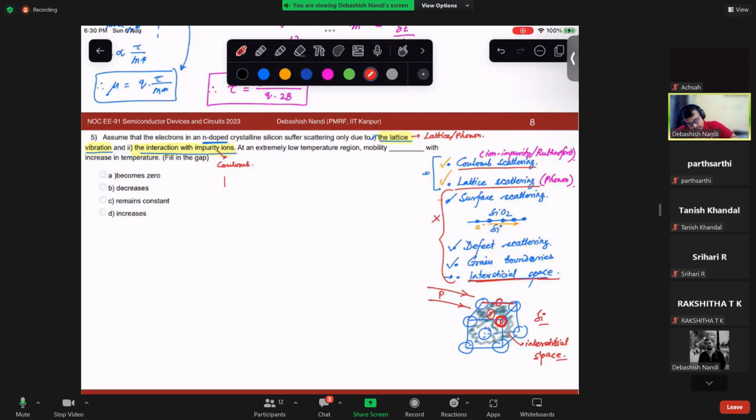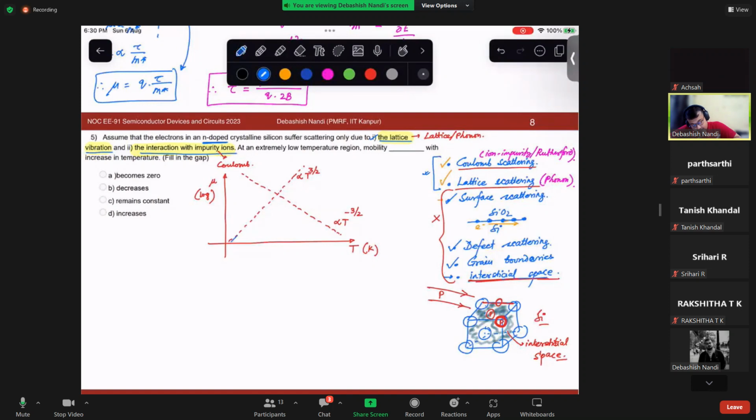If you see the plot of temperature, this is temperature and this is mobility, in log scale. You would see these two kinds of behavior; I'll explain that in a minute. This is proportional to T raised to 3/2, and this is proportional to T raised to minus 3/2.